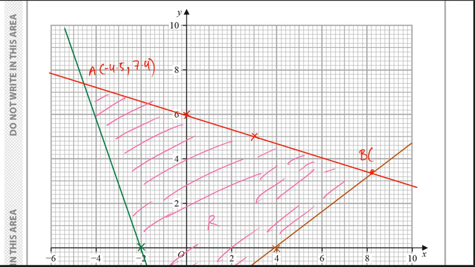And now if I work with the coordinates here, so this is B. So B is going to be here, if you see, close to 8.2. So you can write it as 8.2, comma, the y coordinate here is, okay, so this is the 3 line.